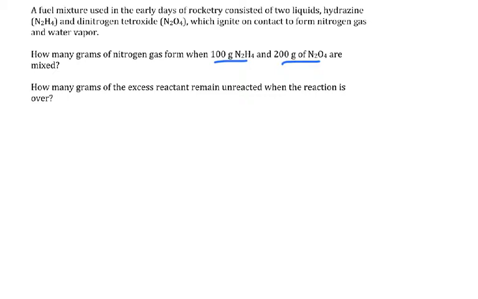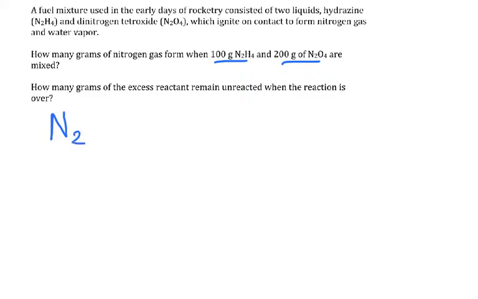And we can see which one is the limiting reactant. And then once we've found the limiting reactant, we can determine how much nitrogen gas is produced. And then we can also calculate the amount of excess reactant that remains unreacted once the reaction has gone to completion. So the first thing to do is to write a balanced chemical equation. So that's where we're going to start.